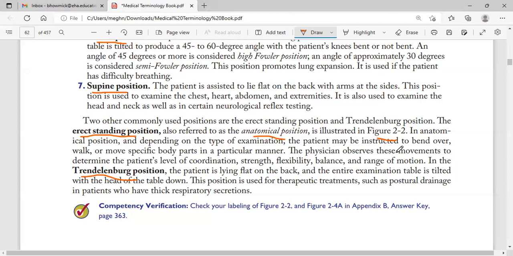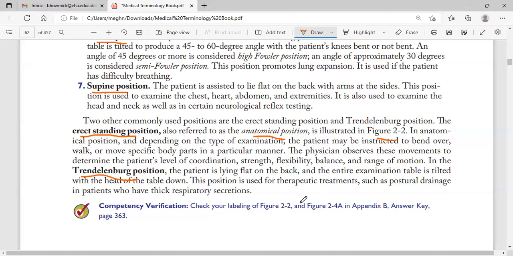Patients may be instructed to bend over, walk, or move specific body parts in a particular manner. The physician observes this movement to determine the patient's level of coordination, strength, flexibility, balance, and range of motion.